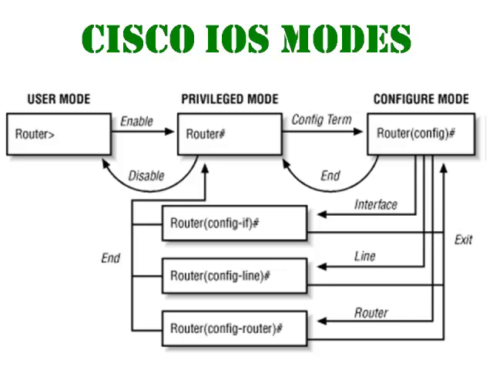The third mode is called the global configuration mode. It is accessed by typing the words configure terminal while in the privileged exec mode. This mode allows the user to modify the running configuration.